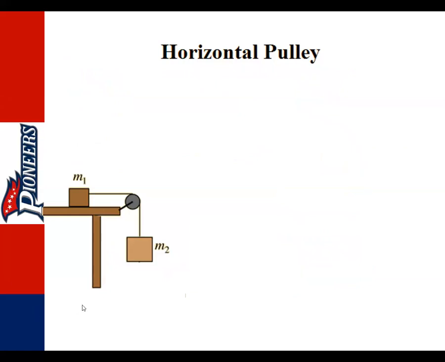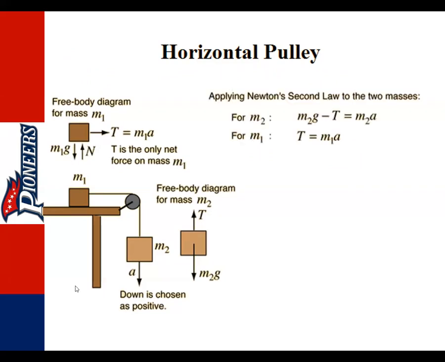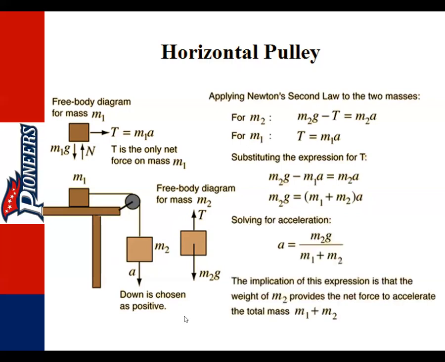Now, as you will see, I don't remember where I borrowed the slide from, but it sets it up a little differently in terms of how they write it. But in the end, you see the substituting in. That's why I did it like this, because that's the way this slide had done it: down is chosen as positive, and you get this as the acceleration.